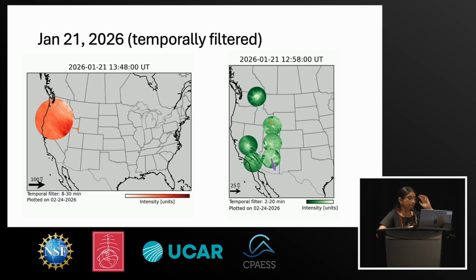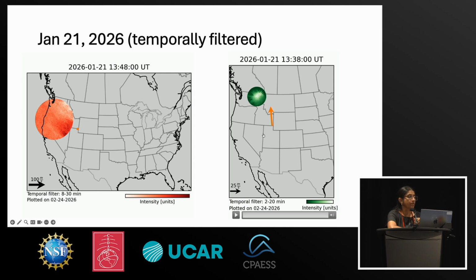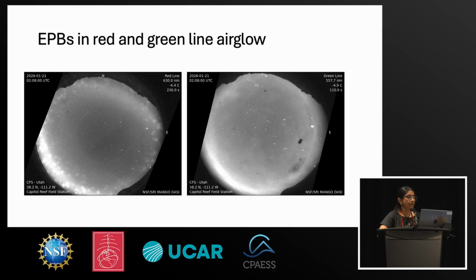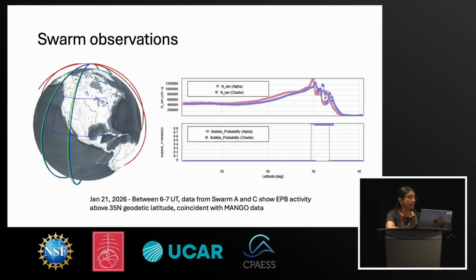Of course, what you see here is not the actual height or actual extent of the bubble, because what we are learning is that what is happening is not so much at two different altitudes. Typically, the green line comes from 97 kilometer altitude airglow, and red line comes from 250 kilometer altitude or thereabouts.